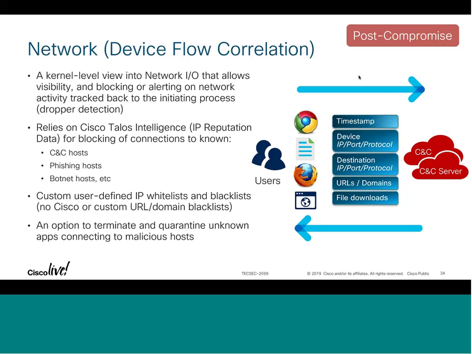It primarily is based on, again, a Talos-maintained list of known command and control channels and hosts that are known to distribute badware. Customers can create their own, both whitelist and blacklist, by IP only. Everything that DFC does is based on IP addresses, not URLs or domain names.